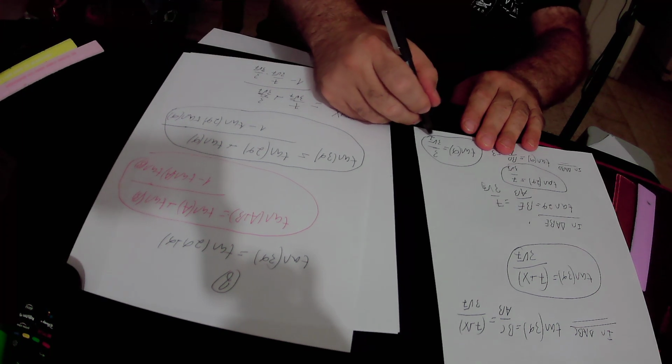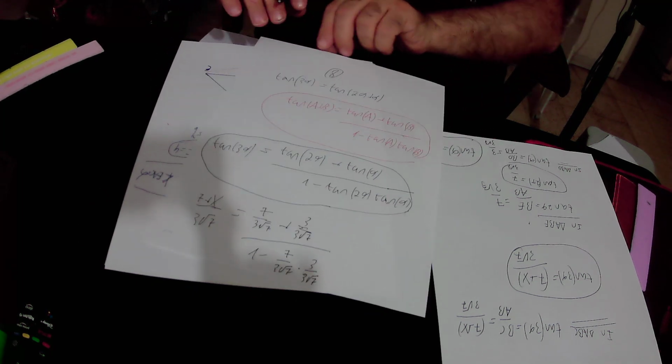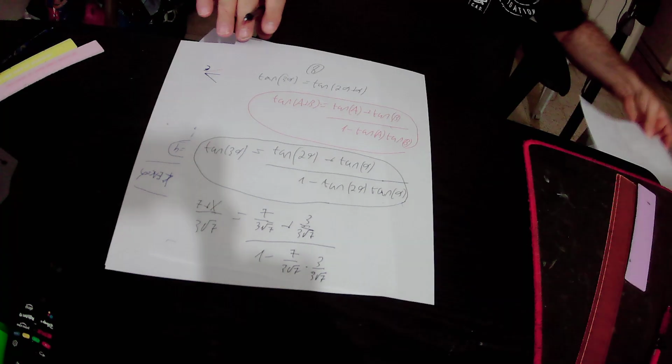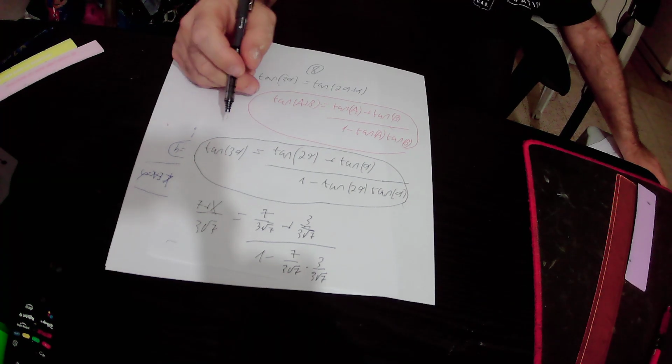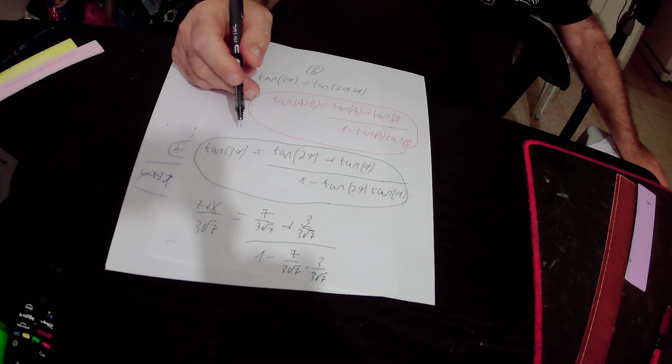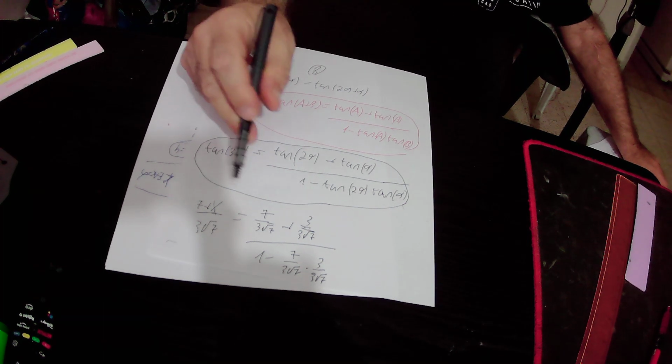Okay, again we actually substituted the values of tangent alpha, tangent 2 alpha and tangent 3 alpha by the values that we found out for them previously. Okay, and we got this expression.